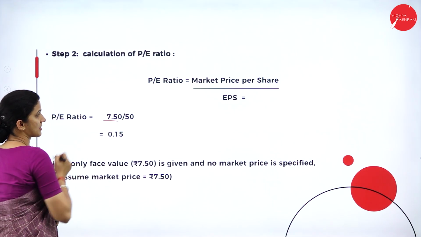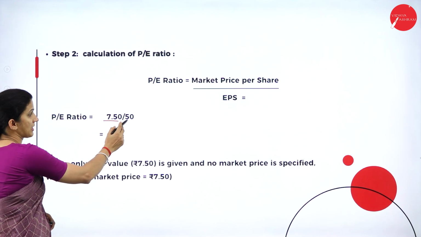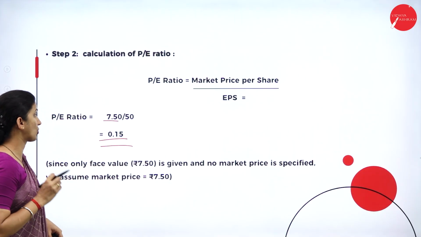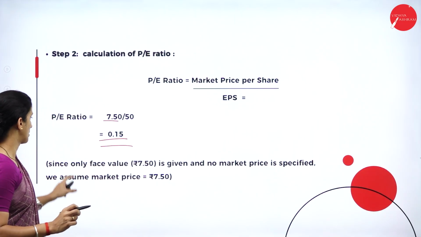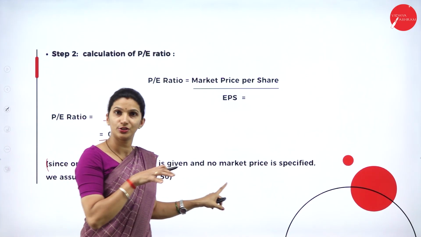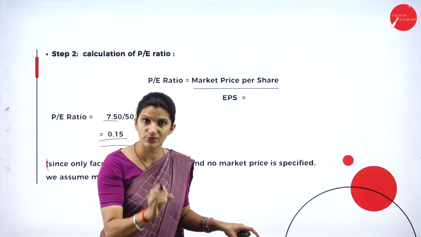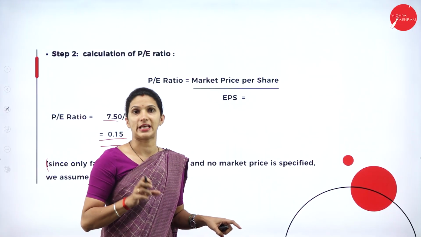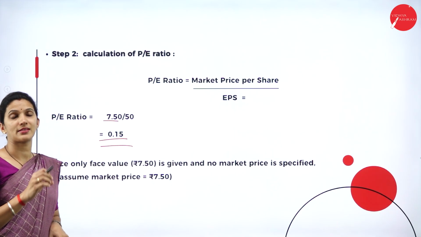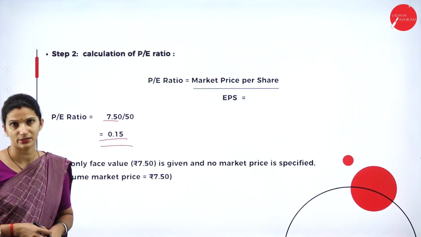So the market price 7.5 divided by EPS 50, the PE ratio is 0.15. Note that since only the face value is given in the question and no market price is given, the face value itself will be considered as the market price of the share.